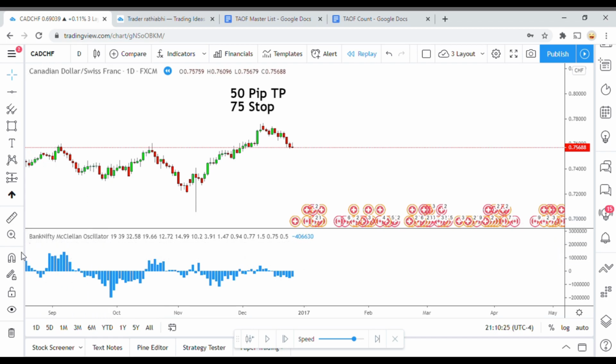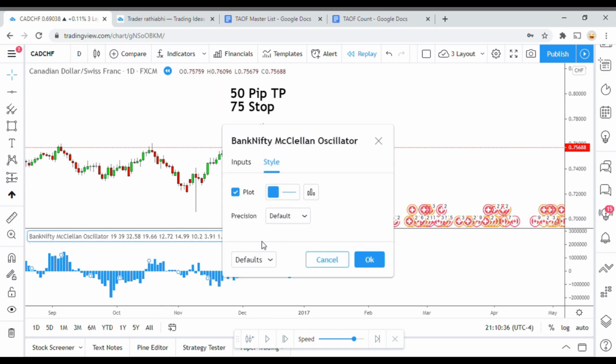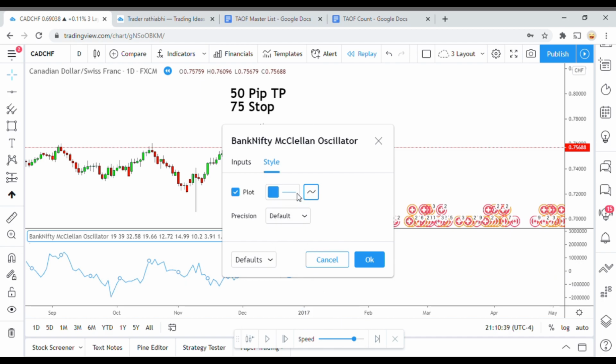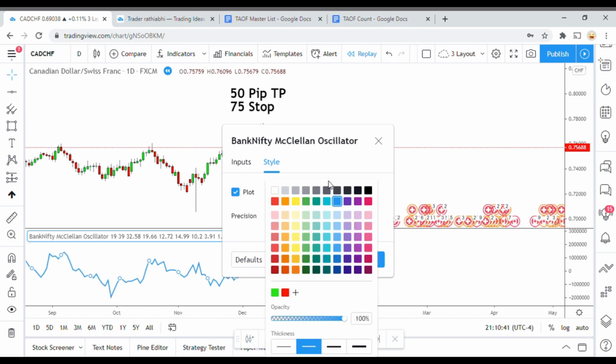Now back to today's indicator, the BankNifty McClellan Oscillator. Again, you can see it down here in histogram form. It's basically a zero line cross, and so what I'm going to do is make a few changes here.